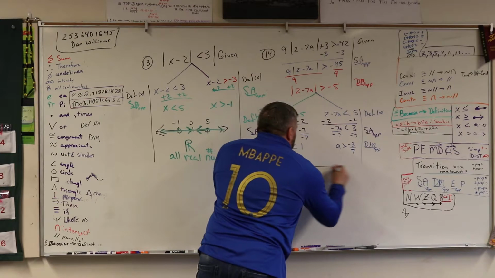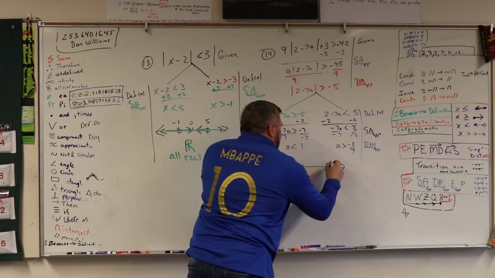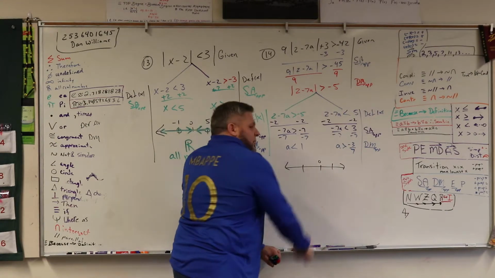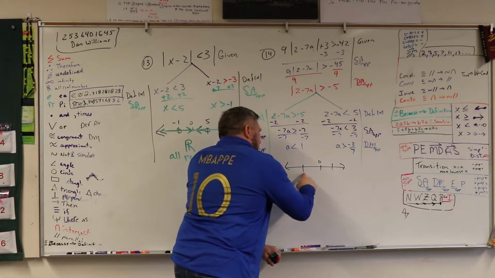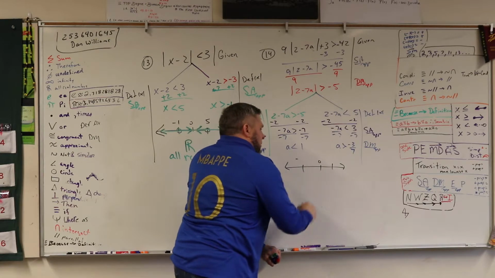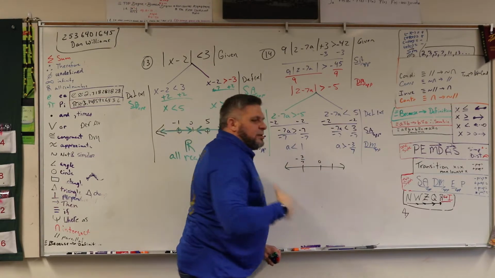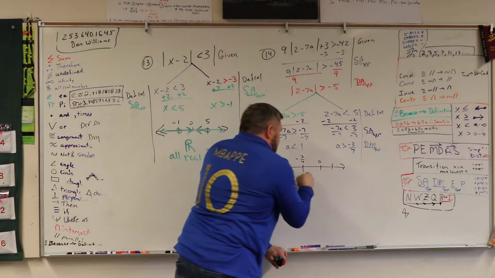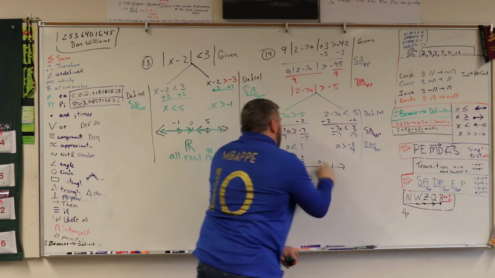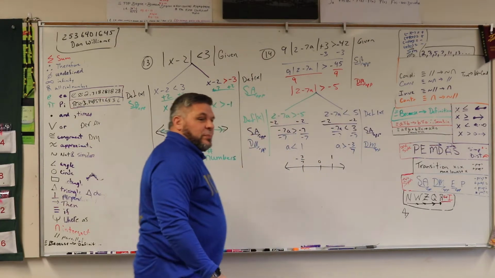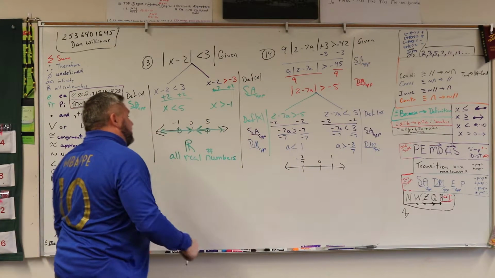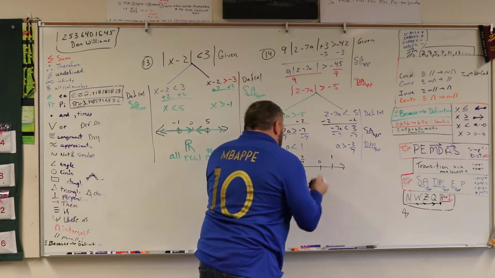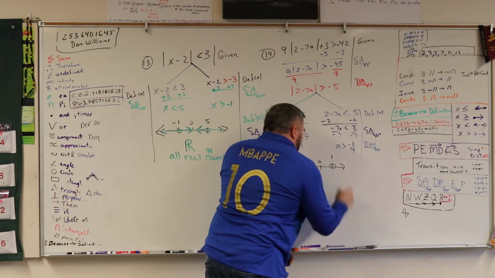Alright, so if I go on the number line, what goes over here? Zero's here. So what's over here? Negative 3/7. Remember, if the zero is here, this side is negative. This side is positive. So I got positive 1, right? Are they open circles or closed? They're both open.